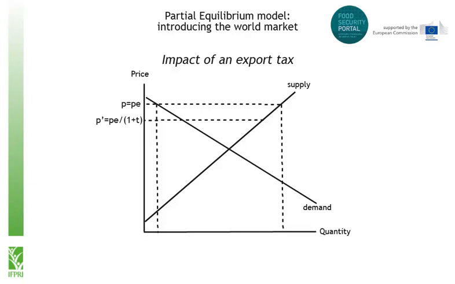So the local price has to decrease to around 77 to ensure that, at this level of price, local producers are indifferent between selling on the local market and exporting. So what is the impact of an export tax? It decreases the local price, it increases local demand, and it decreases local supply.